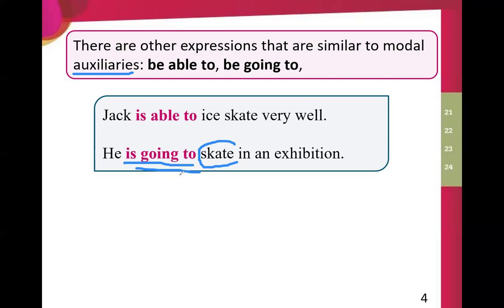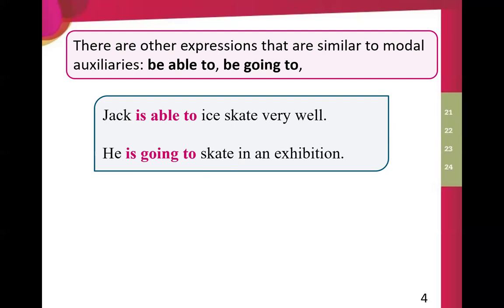So there are other expressions that are similar to modal auxiliaries, like be able to or be going to, when we use them with another verb in infinitive form. Do you understand?